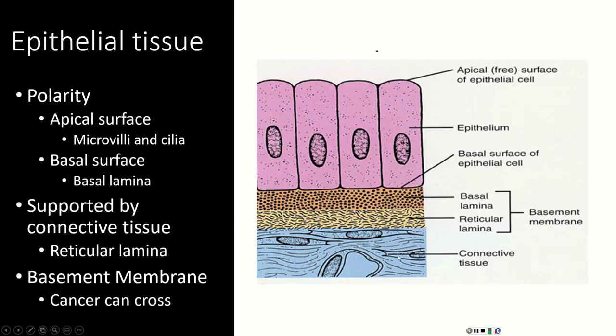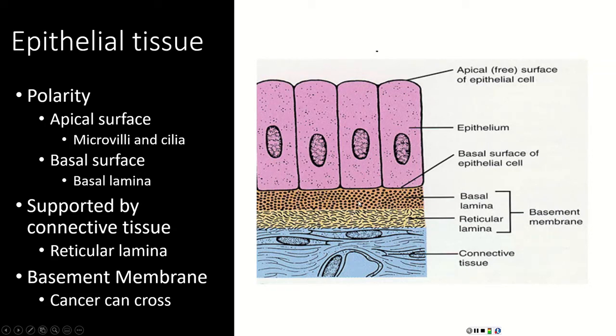Not always, but the vast majority of the time, areolar connective tissue is just deep to whatever epithelial tissue we have. But regardless of what connective tissue it is, the connective tissue will also secrete this sticky substance, very similar to the basal lamina, but this is called the reticular lamina. Still lots of collagen, lots of glycoproteins.